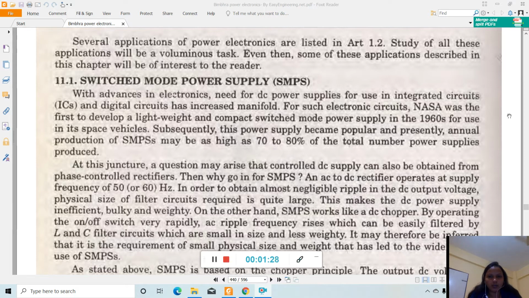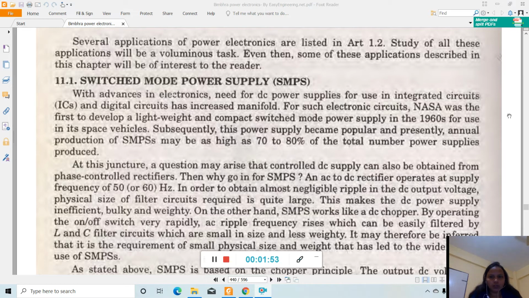For such electronic circuits, NASA first developed a lightweight and compact switch mode power supply in 1960 for use in the space vehicle. Subsequently this power supply became popular and presently the SMPS has around 70 to 80% of the total number of power supplies produced.